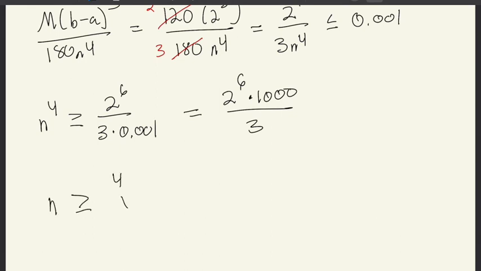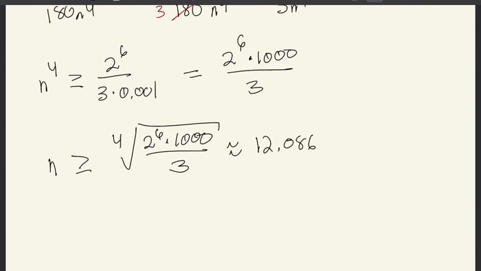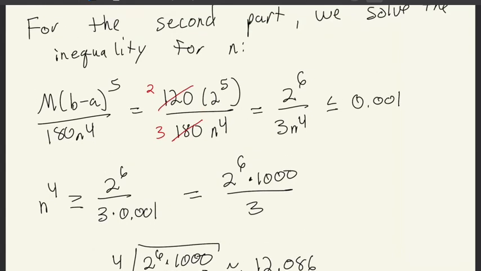I'm getting bored of manipulating these numbers, so take the fourth root. You get n is bigger than or equal to the fourth root of 2 to the sixth times 1,000 divided by 3, which is approximately 12.086. We want n to be bigger than this, so we let n be equal to 13.